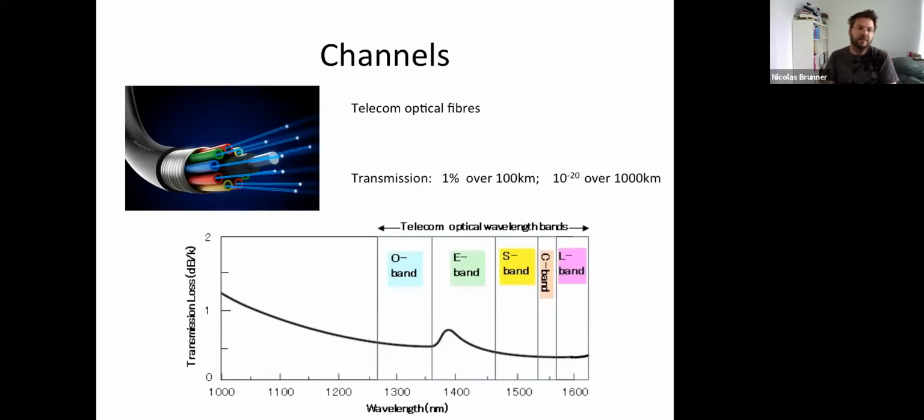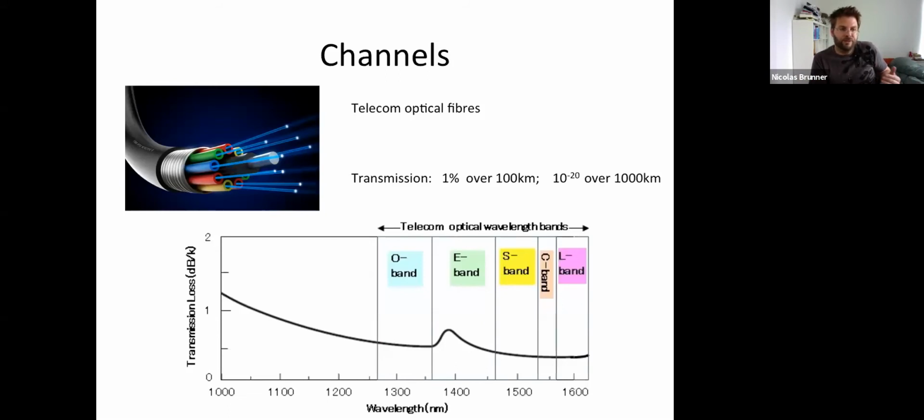So by now this is a technology that is incredibly developed, right? I think it was mainly in the 80s that this thing boomed really, and now there is an optical fiber connection in almost every house, right? So it's something that you find everywhere. And so, of course, usually optical fibers are used for classical communications, right?